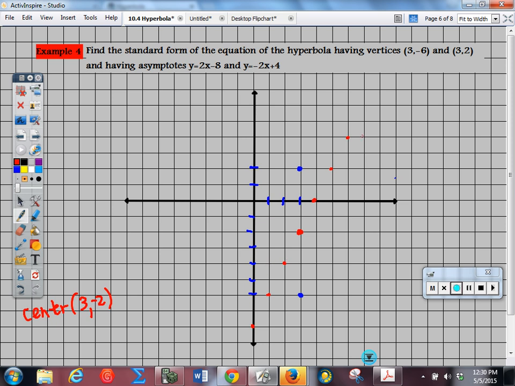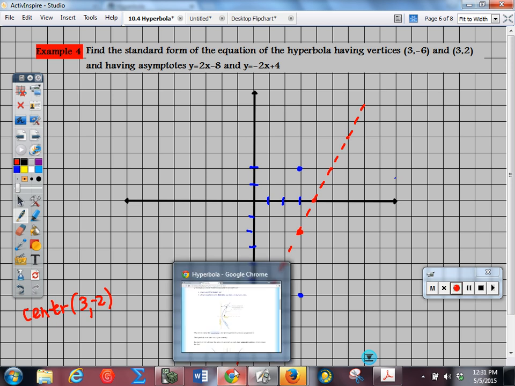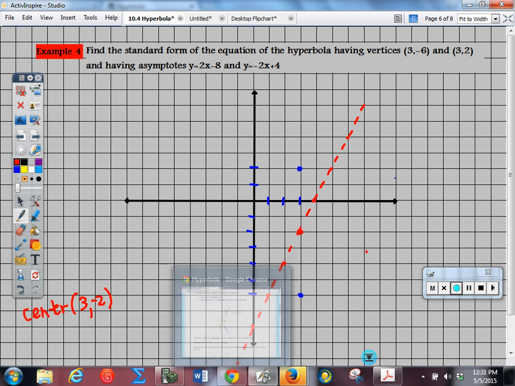And I guess I really don't have to graph this if I don't want. I just need to figure out what the A and B are. So this other one is going to be, I could go 1, 2, 3, 4, and then do a slope of -2. So it's going here, here, here. Can you guys see where my box is?